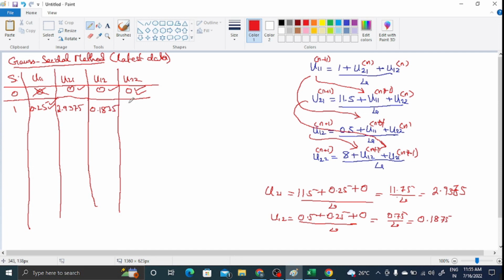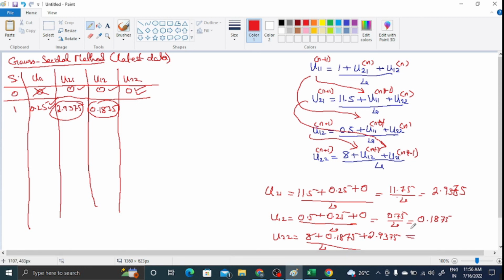Okay. Now similarly U22 is equal to 8 plus, now U12, this data we have to use, so 8 plus 0.1875 plus U21, we have to use this data, that is 2.9375, divided by 4.